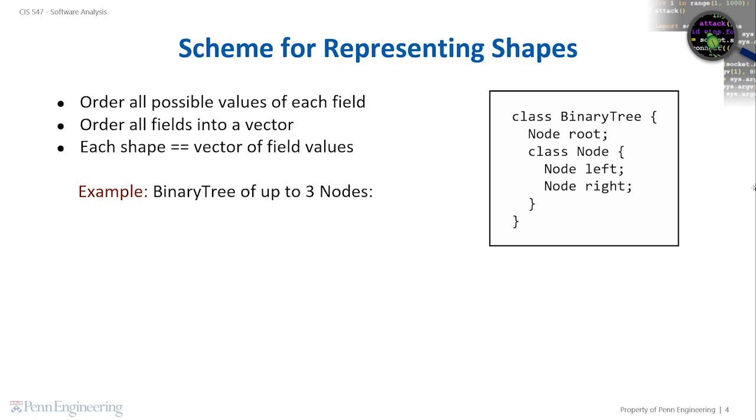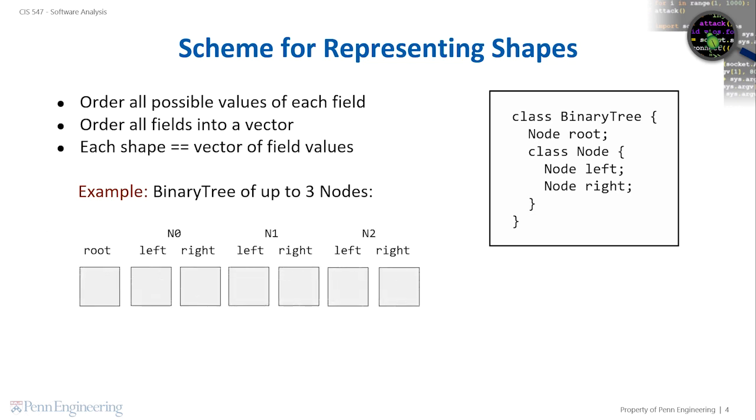Suppose we wish to generate all possible binary trees of up to 3 nodes. Let's give unique identifiers n0, n1, and n2 to the 3 nodes. Then the vector of fields contains 7 elements, a field for the root of the tree, and a field for the left and right child of each of the 3 nodes.